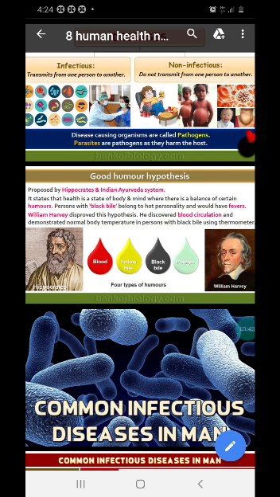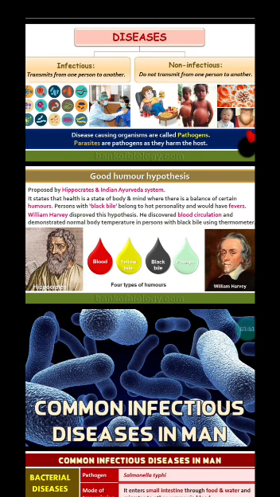What are infectious diseases? The diseases which transmit from one person to another are called infectious diseases. And non-infectious diseases are the ones which do not transmit from one person to another.